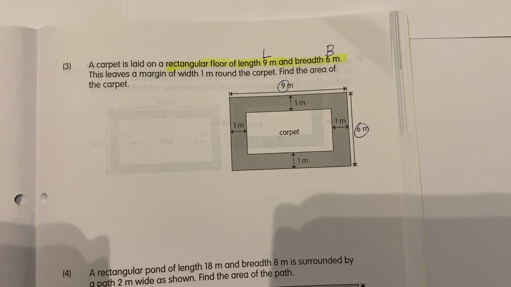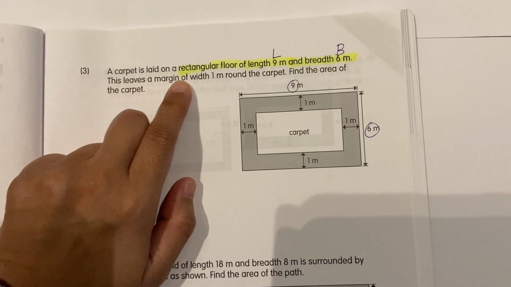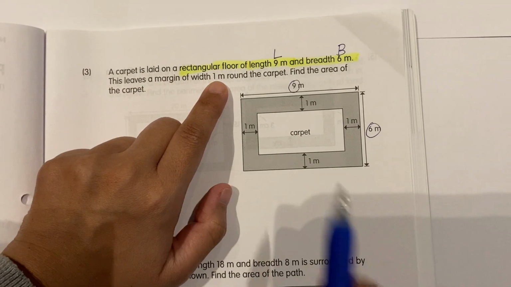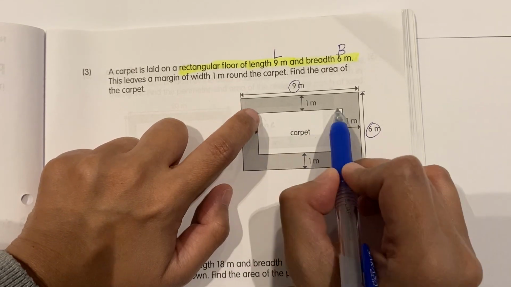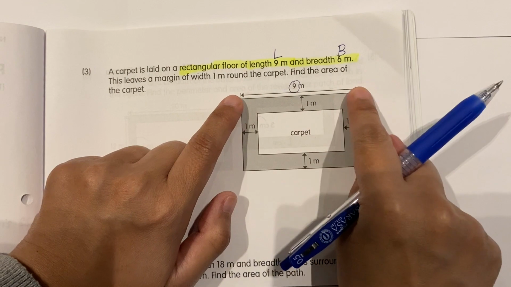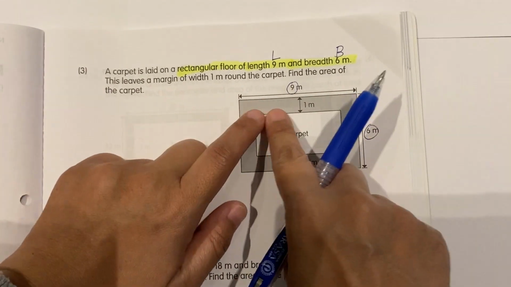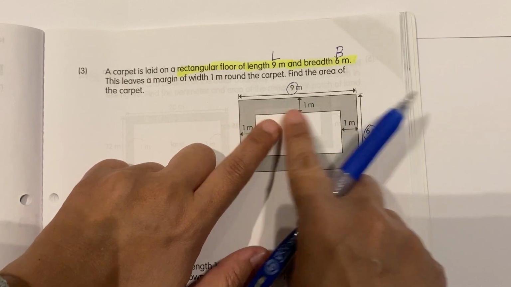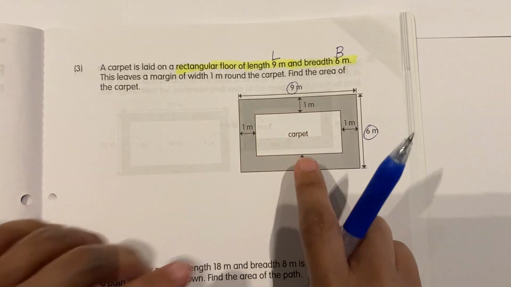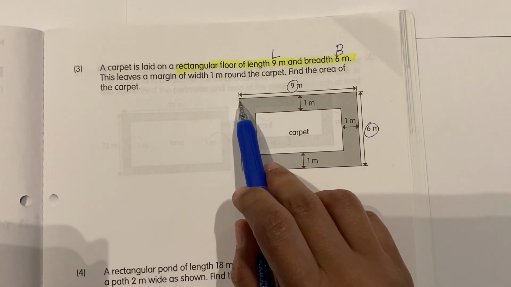Okay, now this leaves a margin of width 1 meter around the carpet. So you imagine you have the floor and in the center they cover the floor with the carpet. So this is the carpet. But this carpet is not as big as the floor.